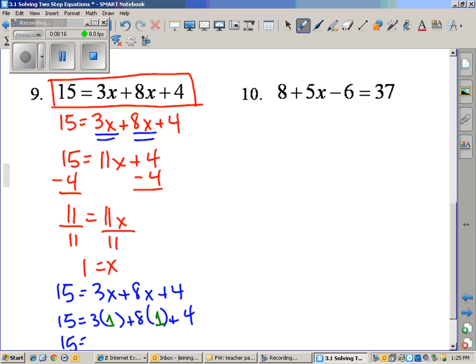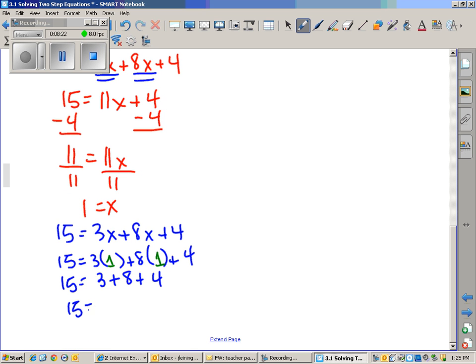Here, I'll go ahead and finish it for you. 3 plus 8 plus 4. So this is 15 is equal to 11 plus 4. 15 equals 15.